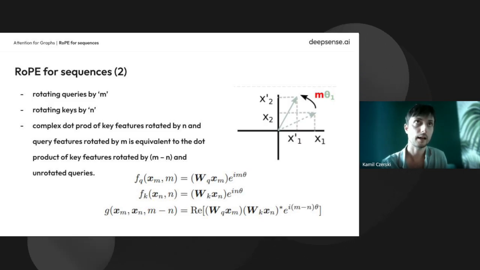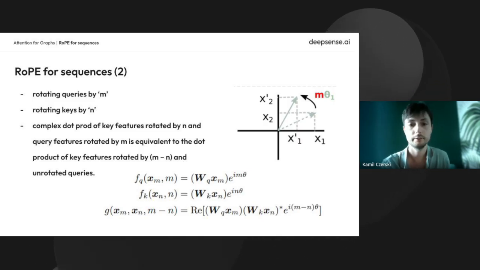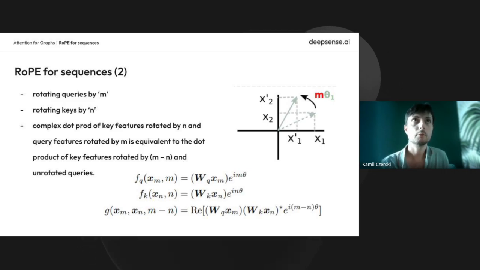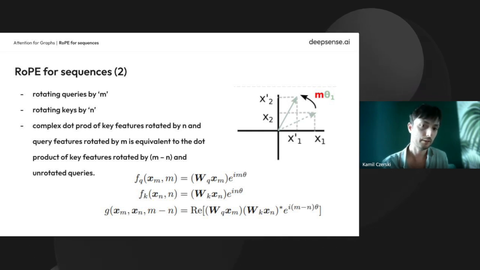No, they act independently, like in the dot product we showed earlier, where we had features that multiply and sum independently. So here we take one pair as an example, and this rotation visualization is just an explanation of what happens in a complex space, but you don't have to think about complex space.